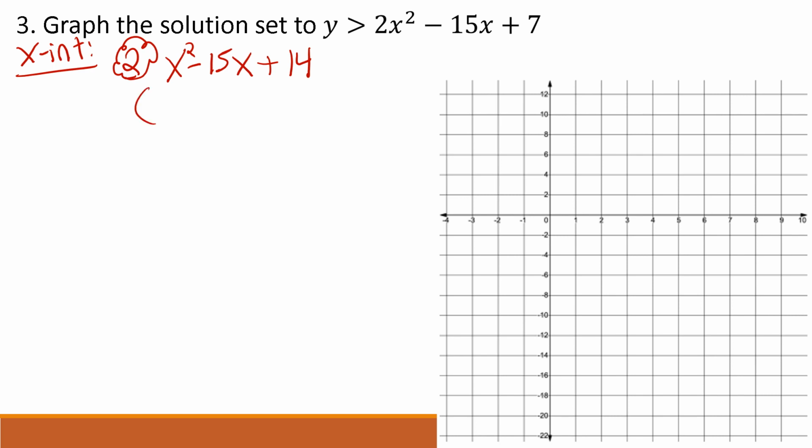So then we want to think of 2 numbers that multiply to be 14 and add to be -15. They're both going to be negative because we're multiplying to be positive and adding to be a negative. Yeah, -14, -1.